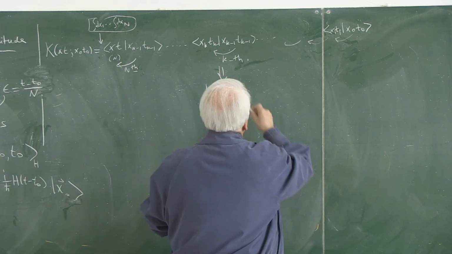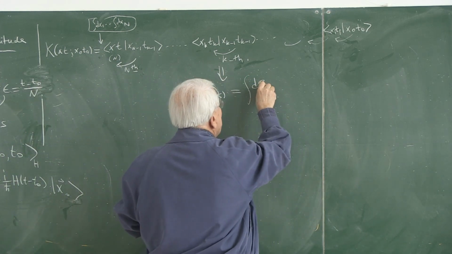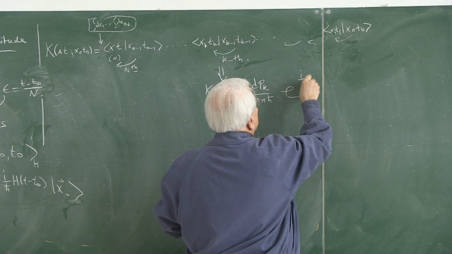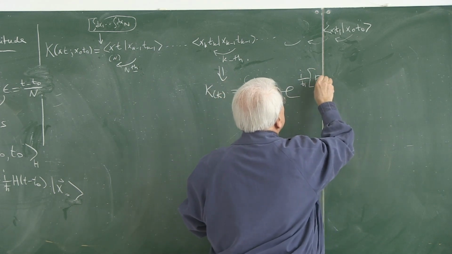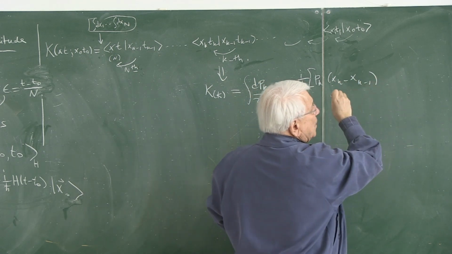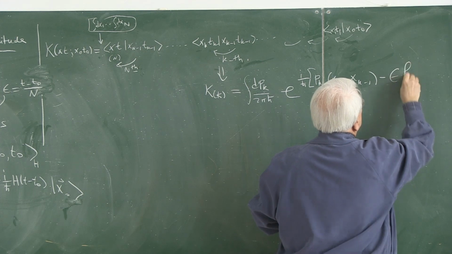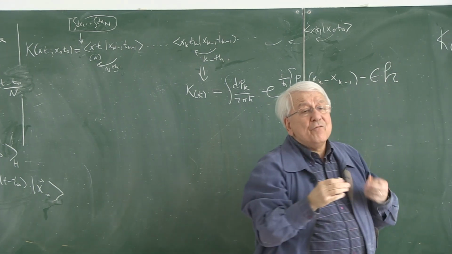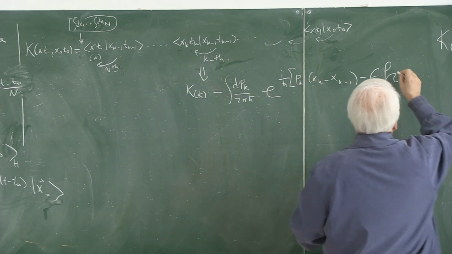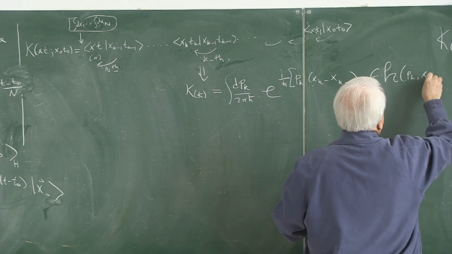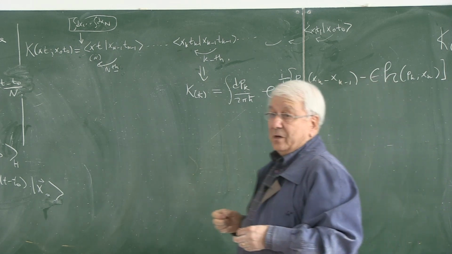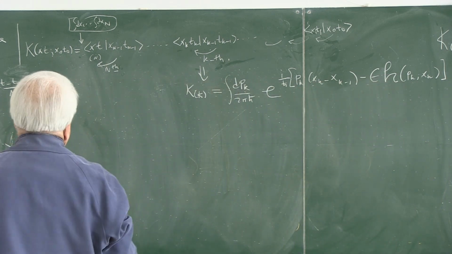And we have shown that it can be represented as an integral of dp over 2 pi h bar, e to the i over h bar, pk times xk minus xk minus 1, minus epsilon times H. This I denote as H to emphasize that it's a C number Hamiltonian function of all those entries, pk, xk. So that's very nice, really, that we have such an expression.